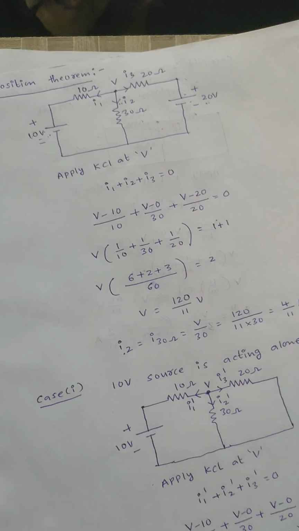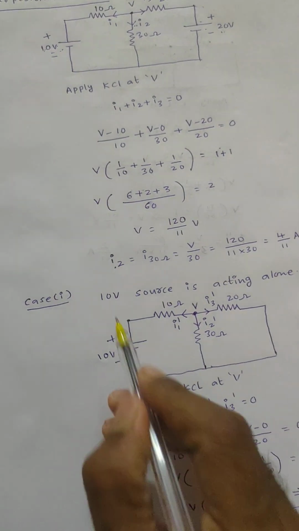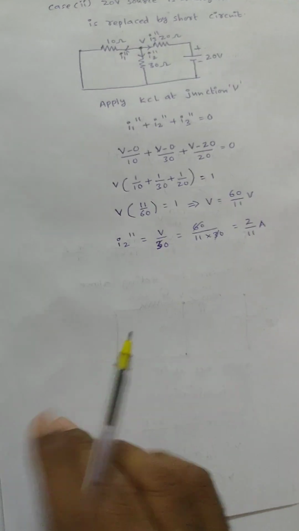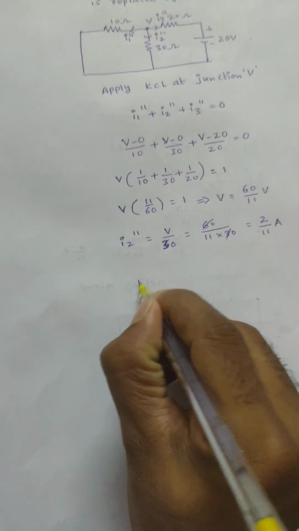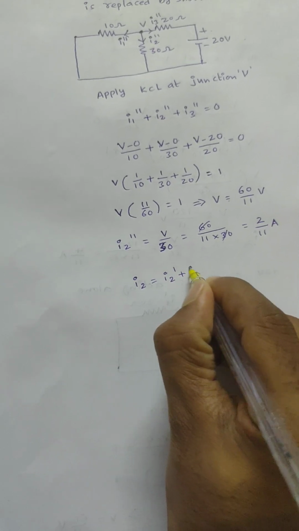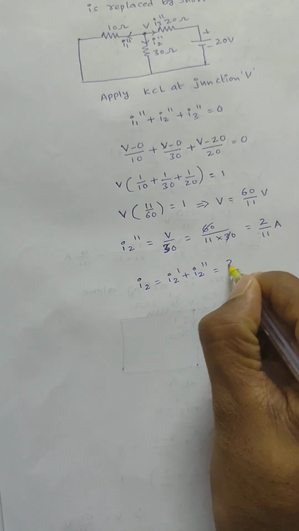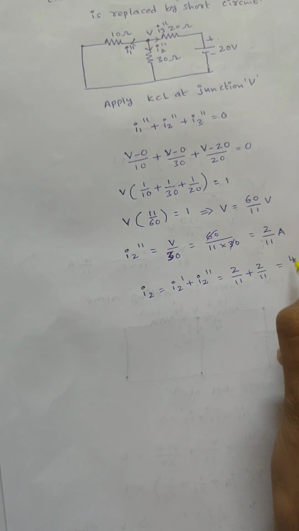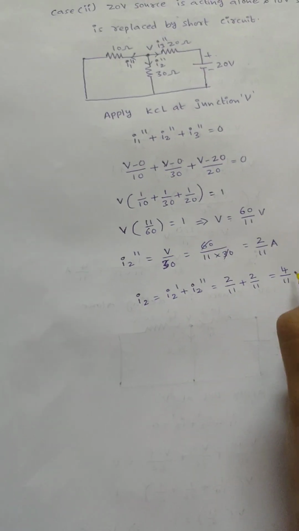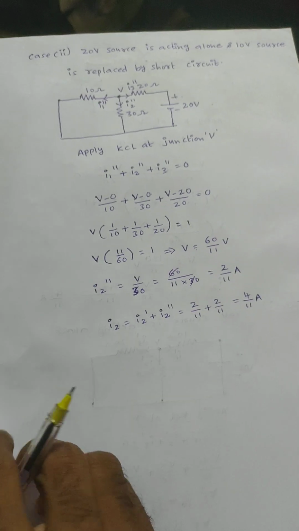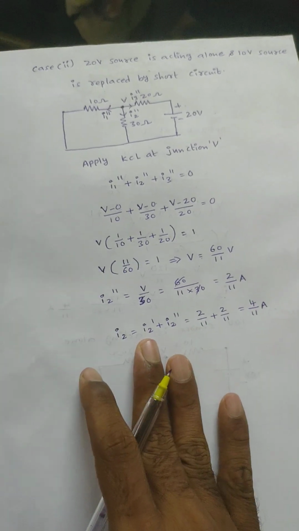I2 is equals to 4 by 11, right? When we consider each source separately, I2 dash value is 2 by 11, I2 double dash value will be 2 by 11, that is I2 is equals to I2 dash plus I2 double dash, right? That is 2 by 11 plus 2 by 11 value will be 4 by 11 amperes, right?